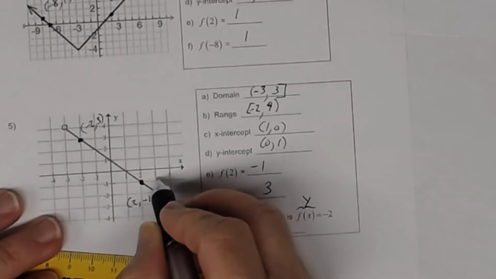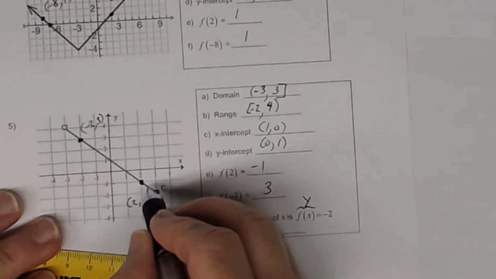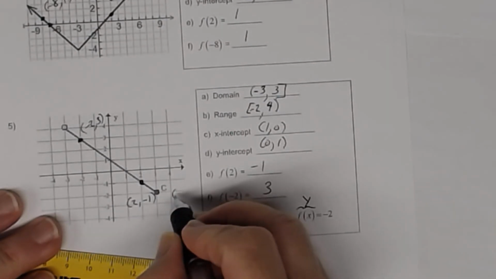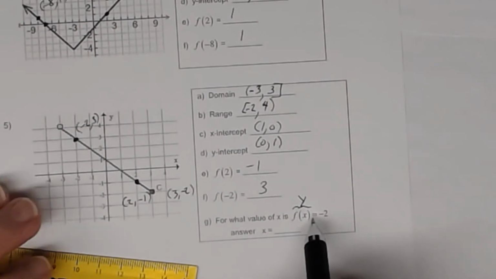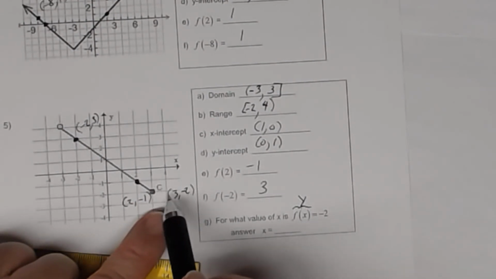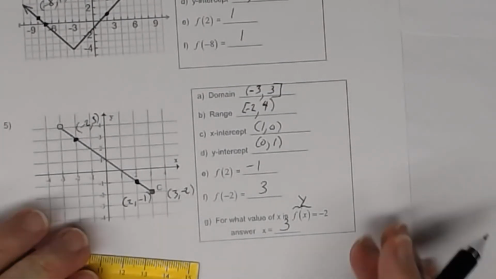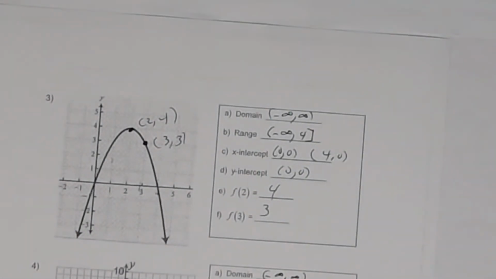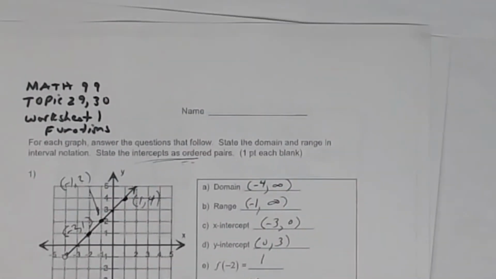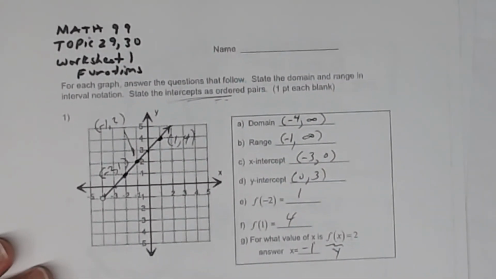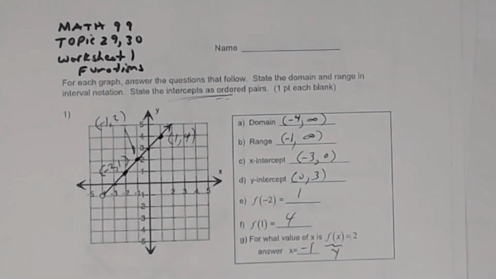So that point is 3, negative 2. 3, negative 2. And so when y is negative 2, which is here, what's that x-coordinate? That x-coordinate is 3. And so that is the key to the worksheet on topic 29 and 30.